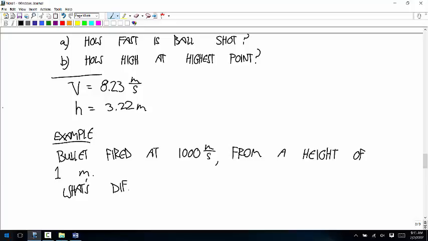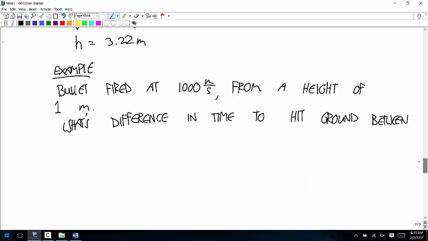What's the difference in the time required to hit the ground between when the bullet is dropped and second, fired 1 degree above horizontal?